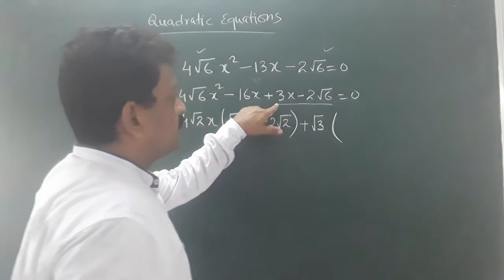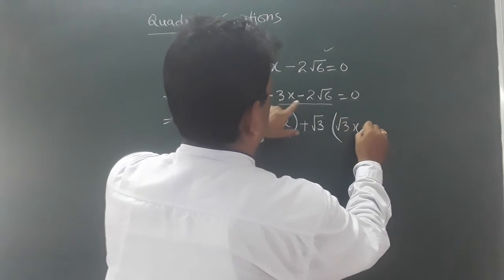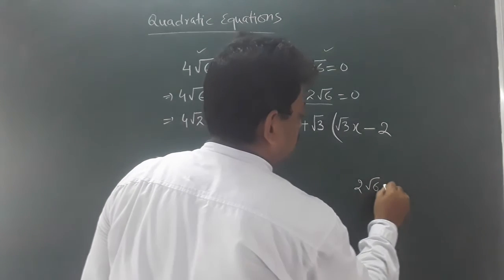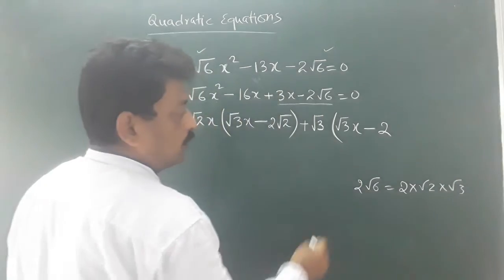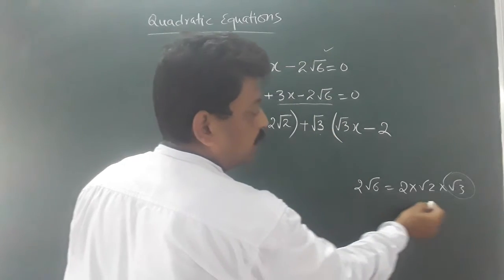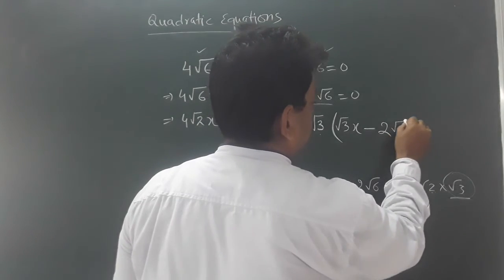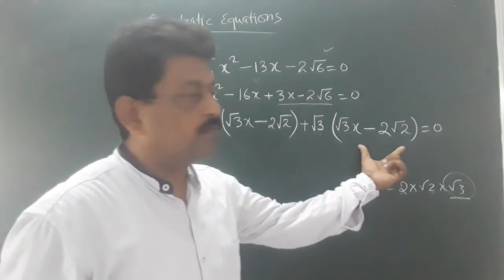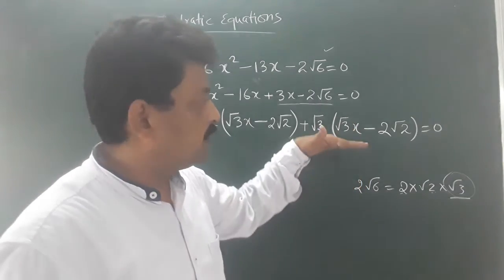Inside the bracket, since I have taken root 3 common from 3x, one more root 3 is there and x is there, minus 2 root 6 is written as 2 multiplied with root 2 multiplied with root 3. So I have taken root 3 common, and the left thing is 2 root 2. Now check the bracket part. Both are matching. Yes, they are matching. Means the sum is correct up to this.